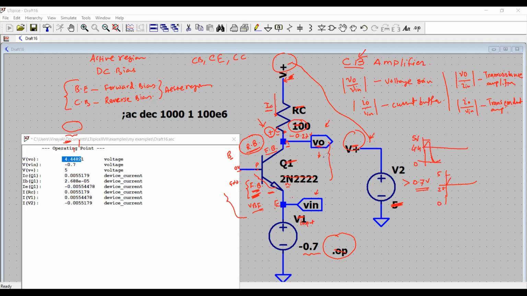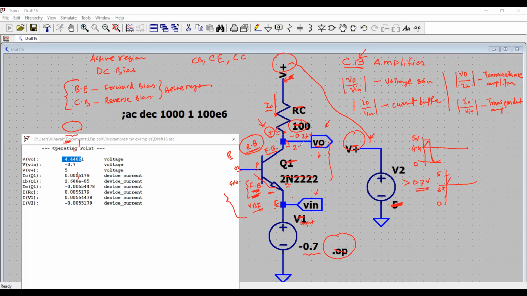So in order to do so, you need to also understand your current requirement. Now here it is supplying the 5 milliampere. So if you want to design it for 5 milliampere collector current, you can increase the value of resistance.